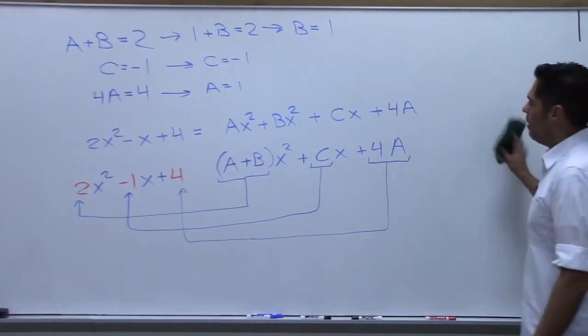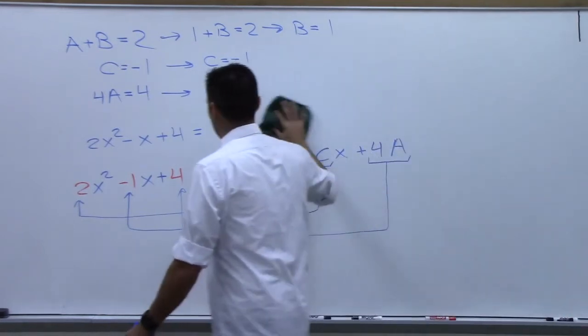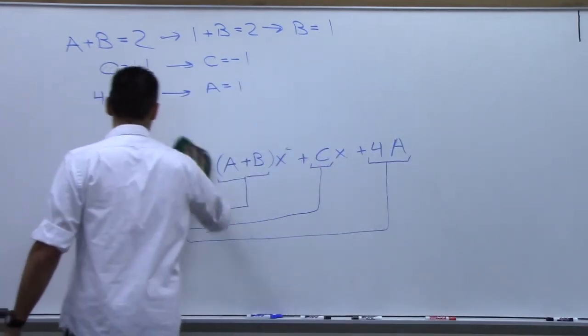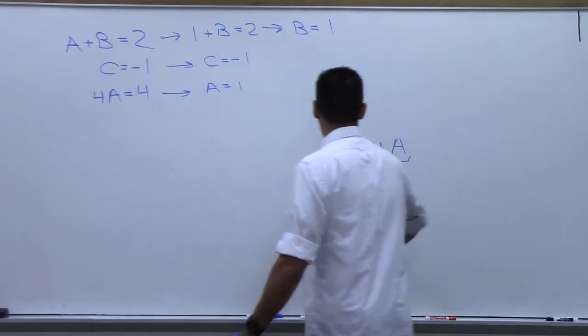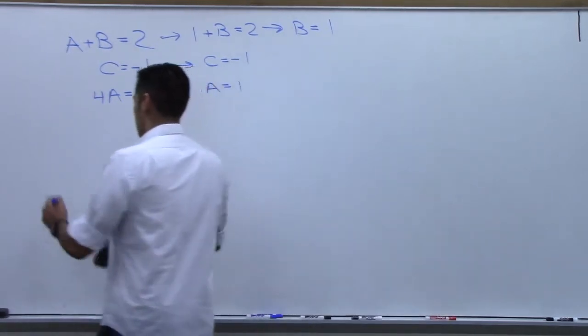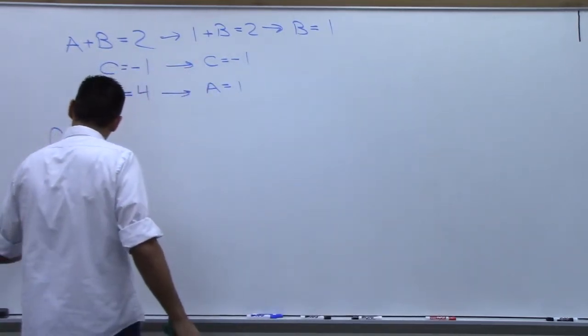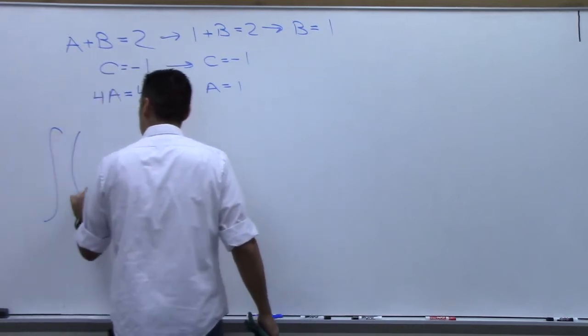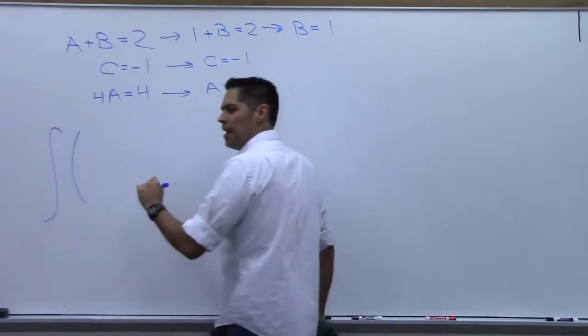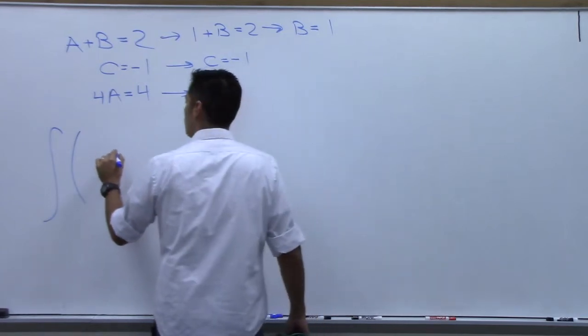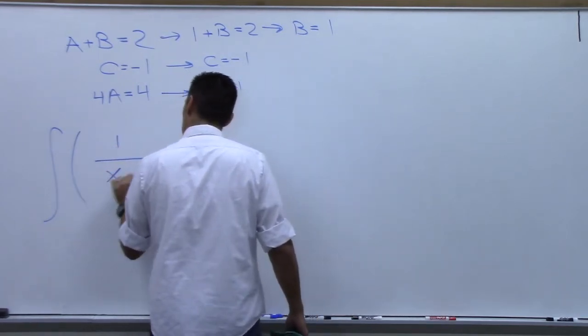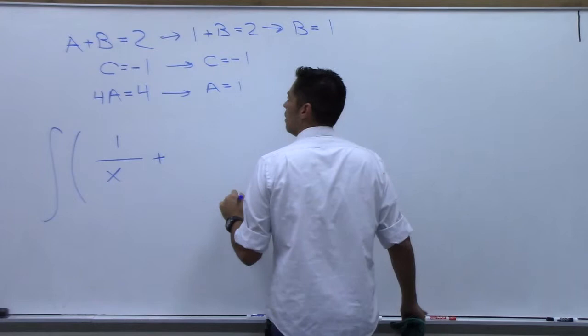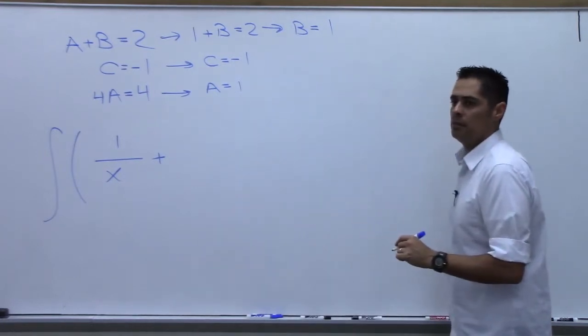All right, so now go back to the integral. We're trying to integrate our original integral, right? Now becomes a, what was a? It was 1, so 1 over x plus bx plus c.